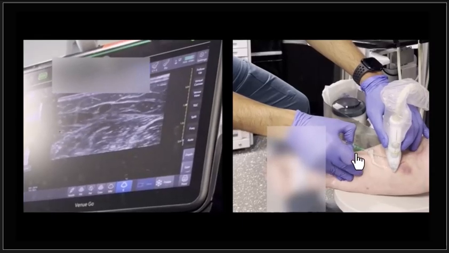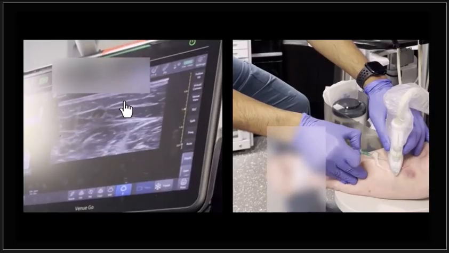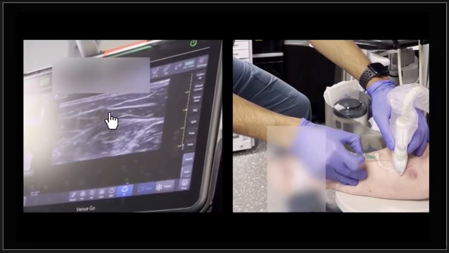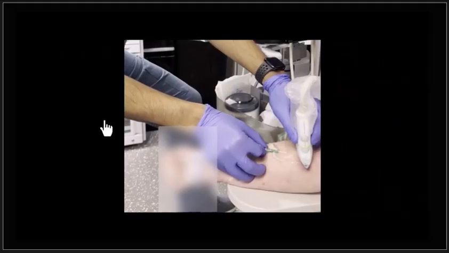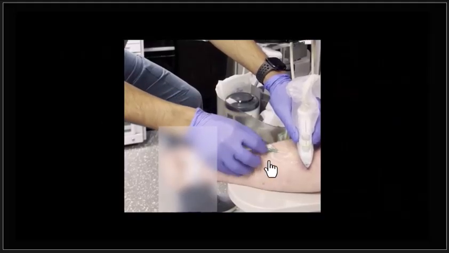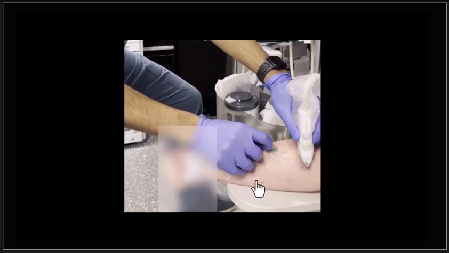So here comes the needle under the skin. You see a little bit of skin tenting, and then the needle is quickly visible there entering that soft tissue. Once you have seen confirmation on the ultrasound screen, you're going to get that flash of blood, which you're going to see in this angiocatheter in just a moment. At that point, you can put the ultrasound transducer aside.